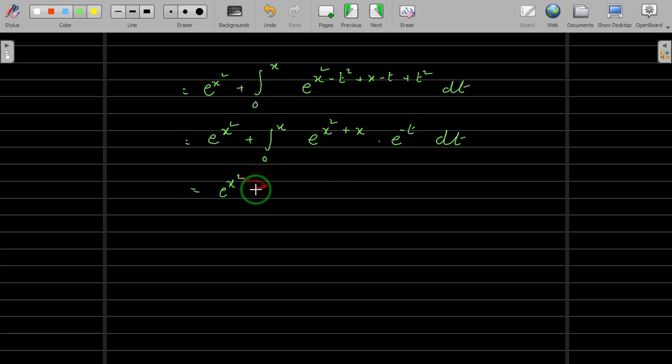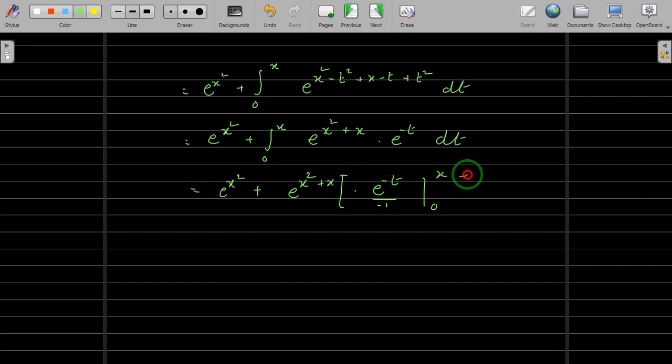e raised to x square plus, this is independent of the variable of integration, that is e raised to x square plus x, and then we can find the integral of e raised to minus t, that is e raised to minus t divided by minus 1, and put the limits 0 to x.